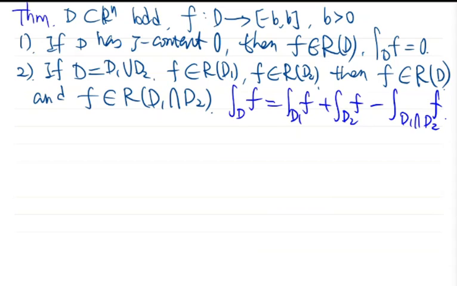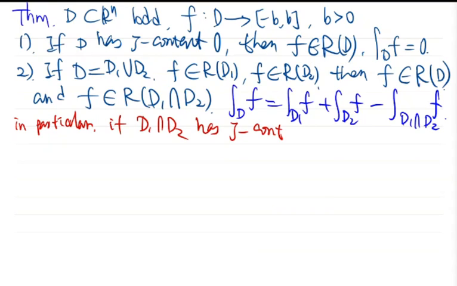So in particular, if the intersection has Jordan content 0, then according to the first conclusion of this theorem, the integral of f over the intersection is 0.